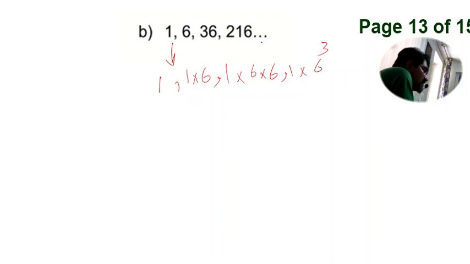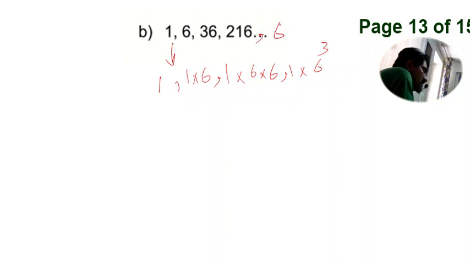1, 6, 36, 216. That is, 1 multiplied by 6, multiplied by 6 again, and so on, 6 cubed.